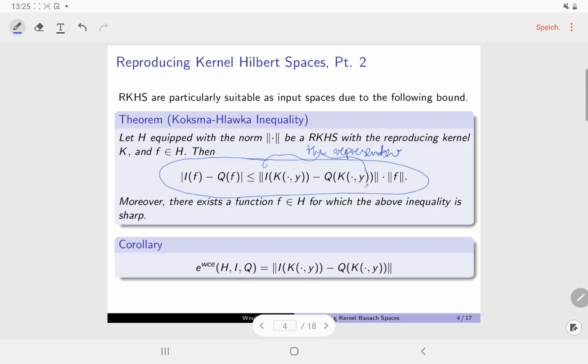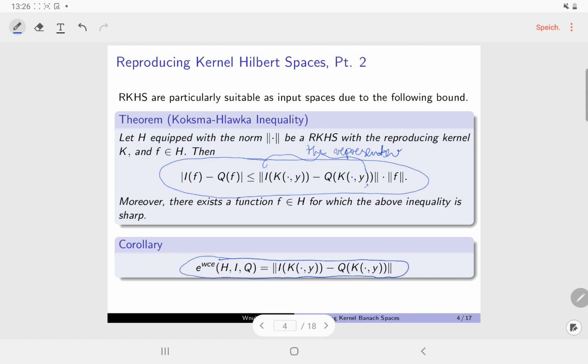Now we know even more. In general, we have here the inequality, but there always exists an f for which this inequality becomes an equality. And in such a way, we immediately obtain the corollary, that is, the worst case error in a reproducing kernel Hilbert space is just given by the norm of the representer.